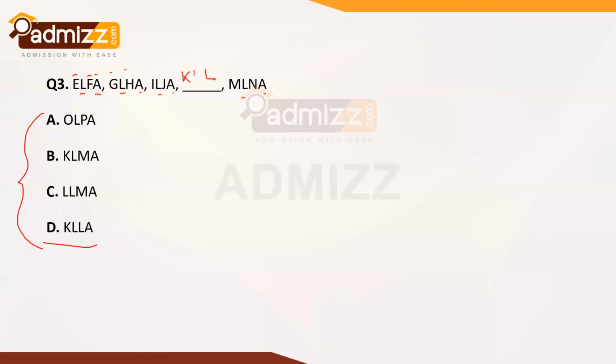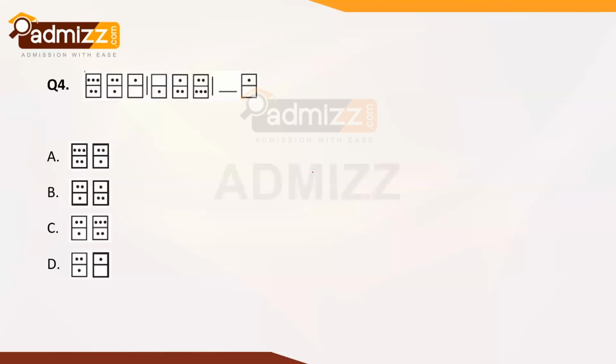And the second spot is obviously L, and the last is obviously A, right? So it's KLLA. Does that make sense? All right, cool. So with this done, we'll be moving on to some diagrams.